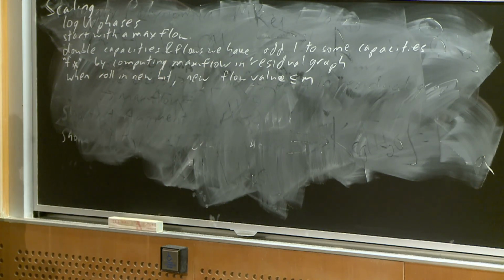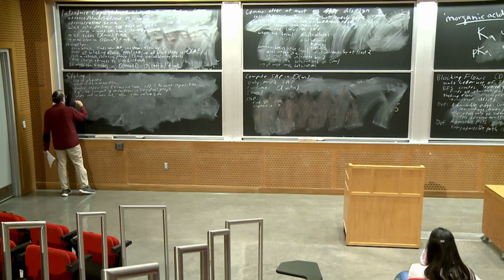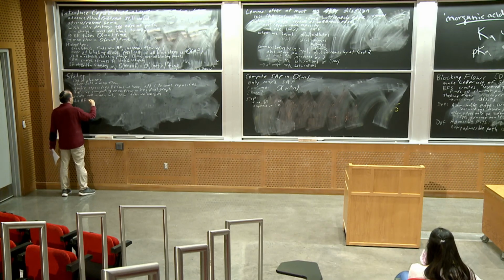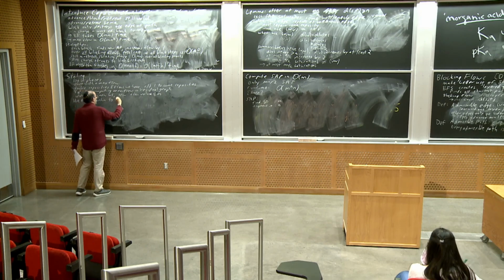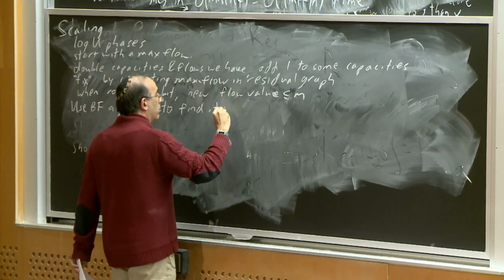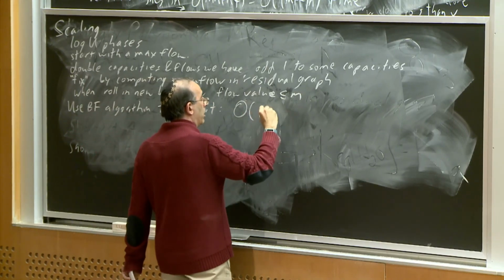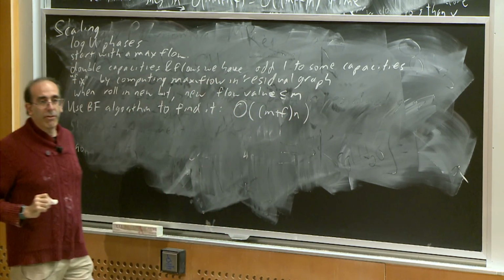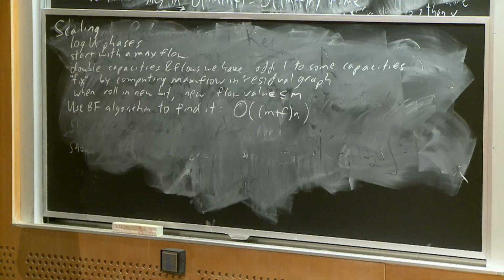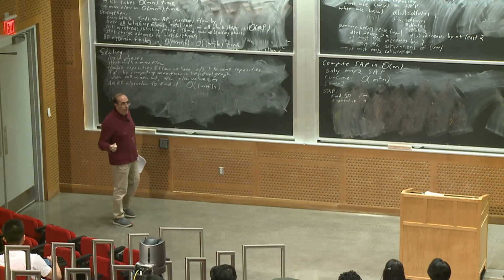So what happens if we use a blocking flow to find it? Well, it's going to take us time order m plus f times n. But what's f? Well, f is bounded by m.